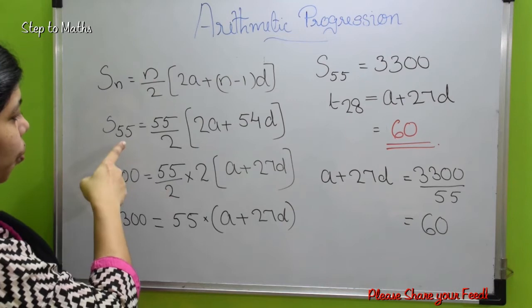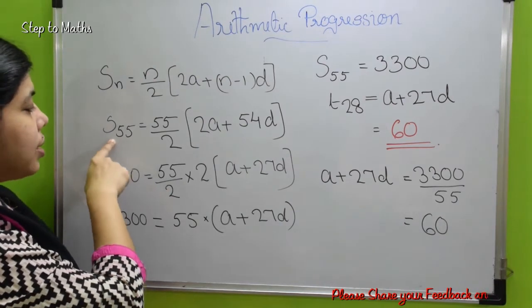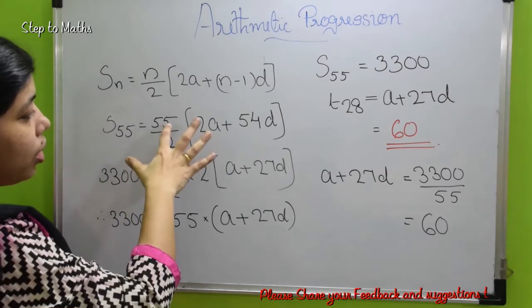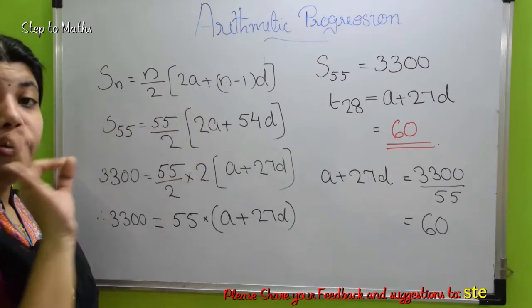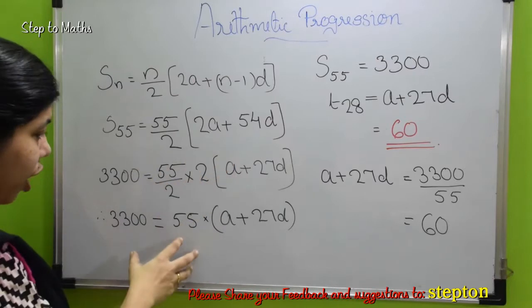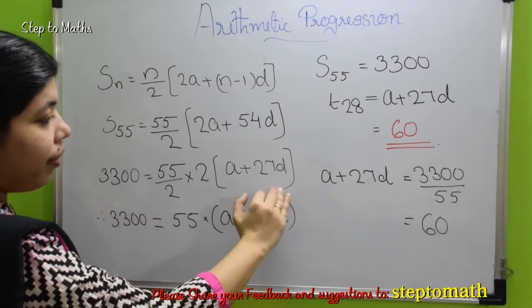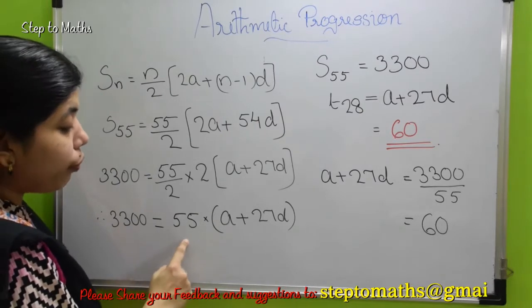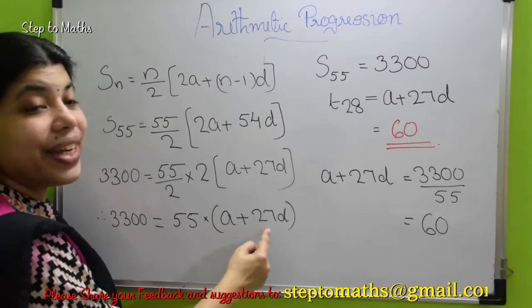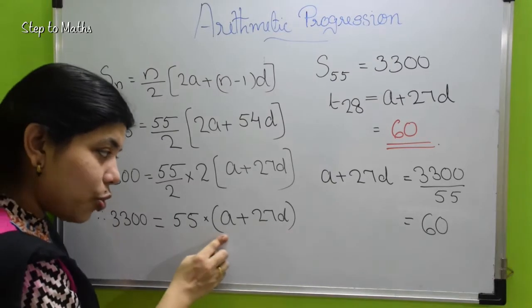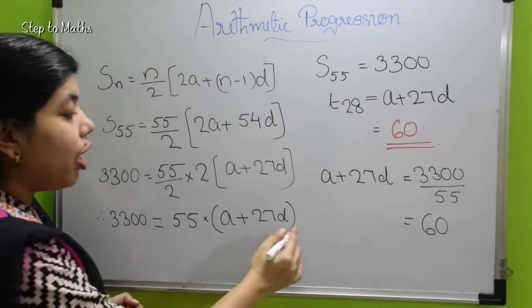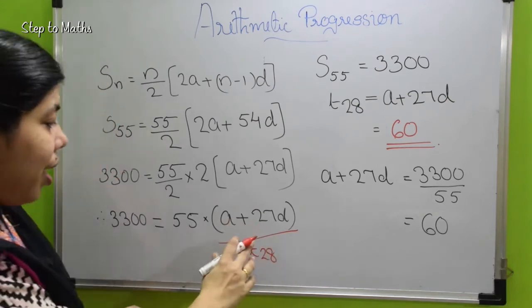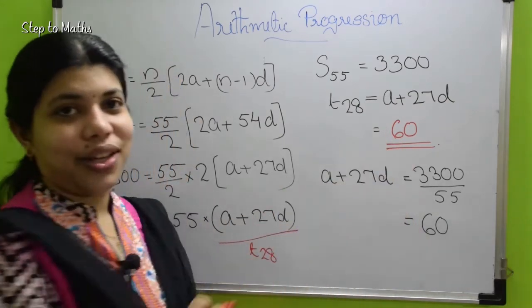Then the sum of first 55 term of an AP, and here we know only the value of n. Substitute that value, and after simplifying that equation we get 3300 is equal to 55 into a plus 27d, and this a plus 27d is the 28th term, and its value is 60.